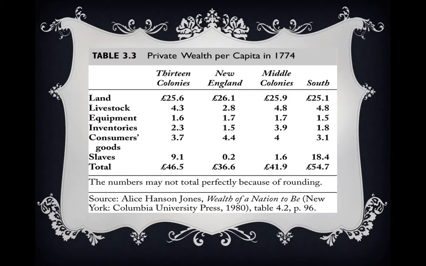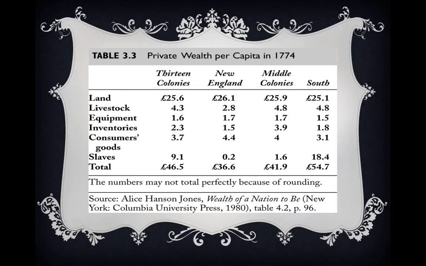And also, let's take a look at, for example, if we subtract these out. Let's take these numbers out of the equation here. If we take out slaves, and calculate per capita wealth exclusive of slaves, we can see that New England is going to fall to 36.4 pounds sterling.